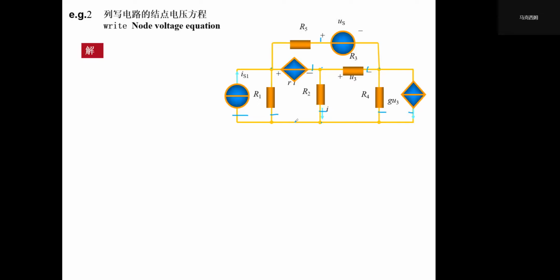So in this case, the number of branches is way larger than the number of nodes, so obviously you should choose the node voltage method.